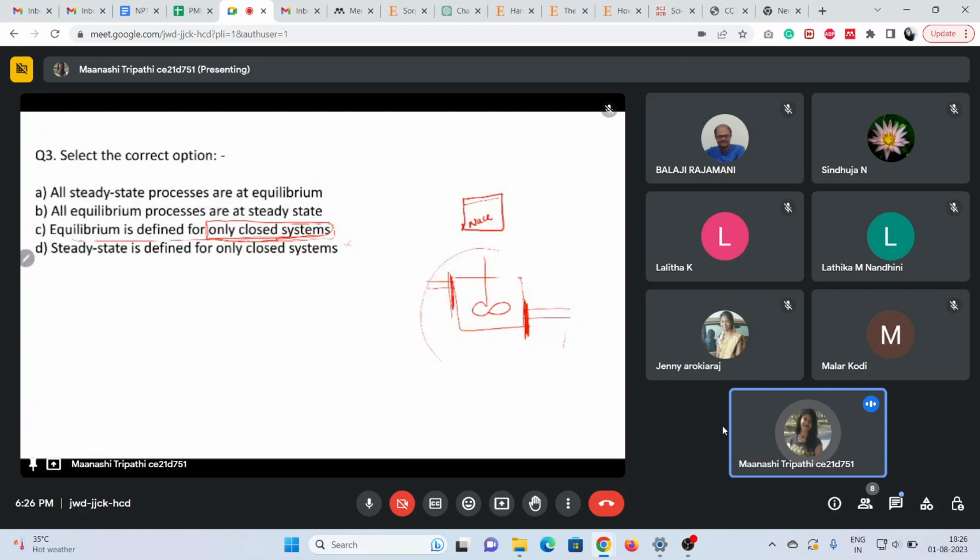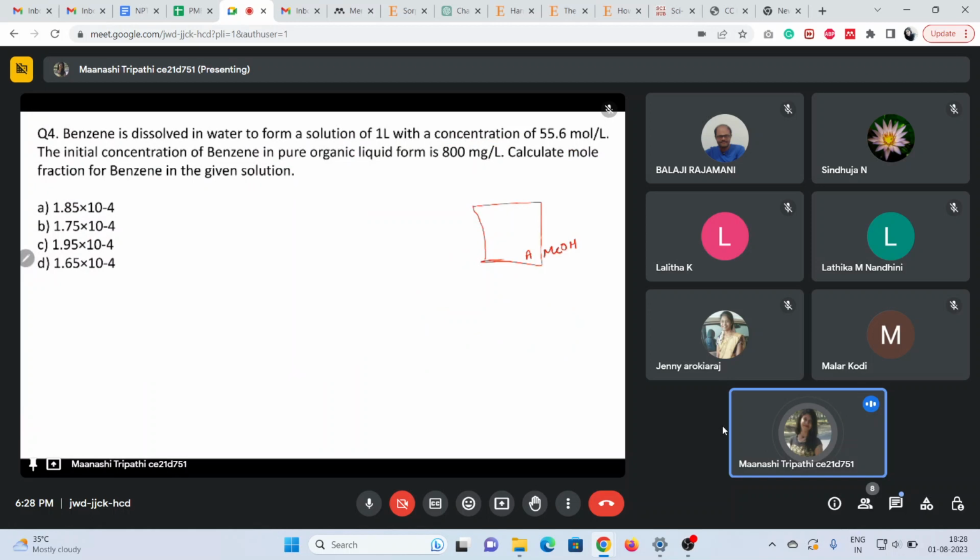Benzene is dissolved. Firstly, initially there was some organic solvent, let's say methanol or ethanol or anything. Here first benzene was dissolved, and the concentration was 800 milligrams per liter. Now this is dissolved in water of 1 liter.